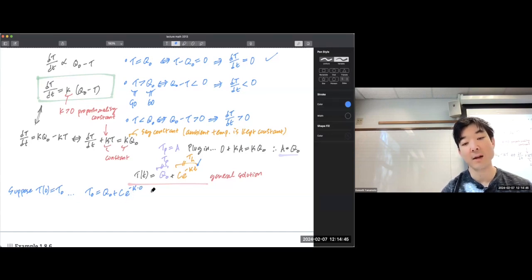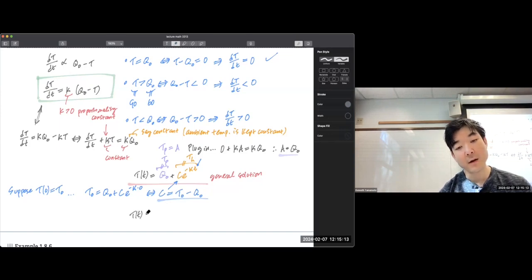So the idea is you plug in an initial condition to be able to find what that C is going to be: T naught minus Q naught, because this is just a 1, so it's just going to be T naught minus C. So that's the C. And once you plug that C into here, then you get your actual solution for the temperature as a function of time.